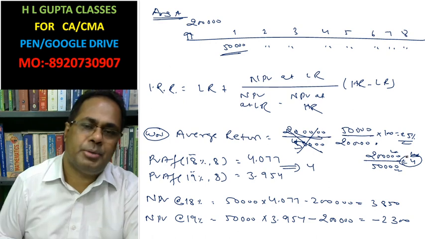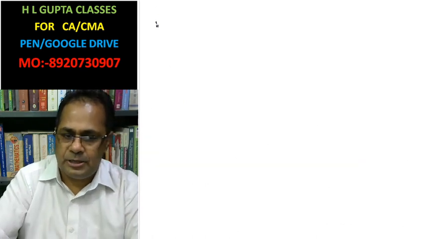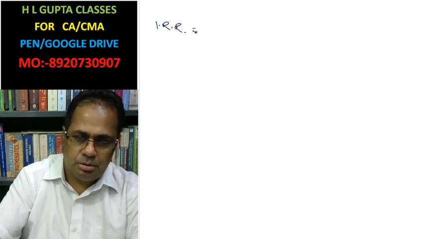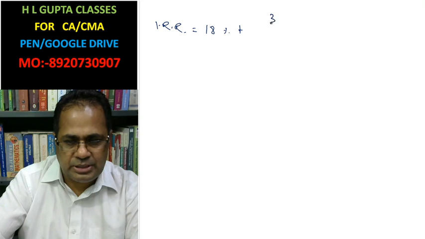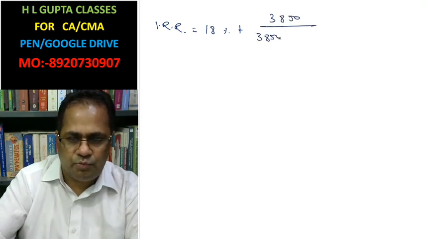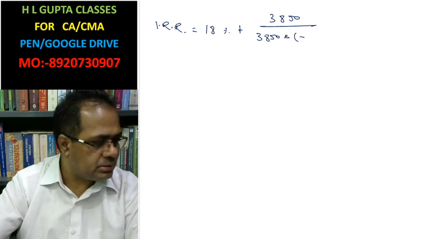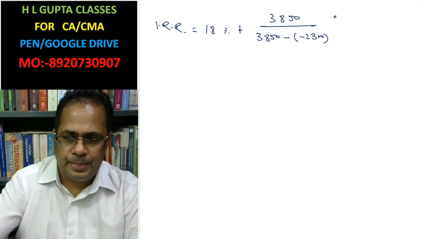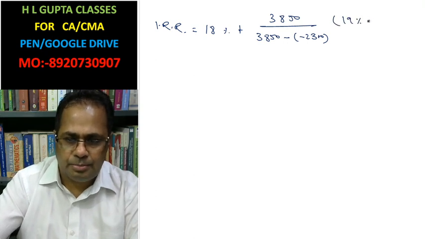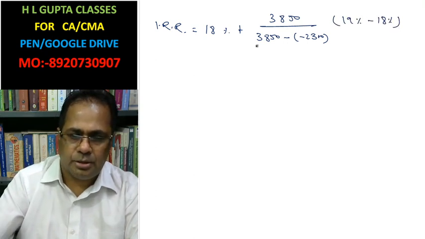Now IRR is lower rate 18% plus 3850 whole divided by 3850 minus minus 2300, into 19% minus 18%.